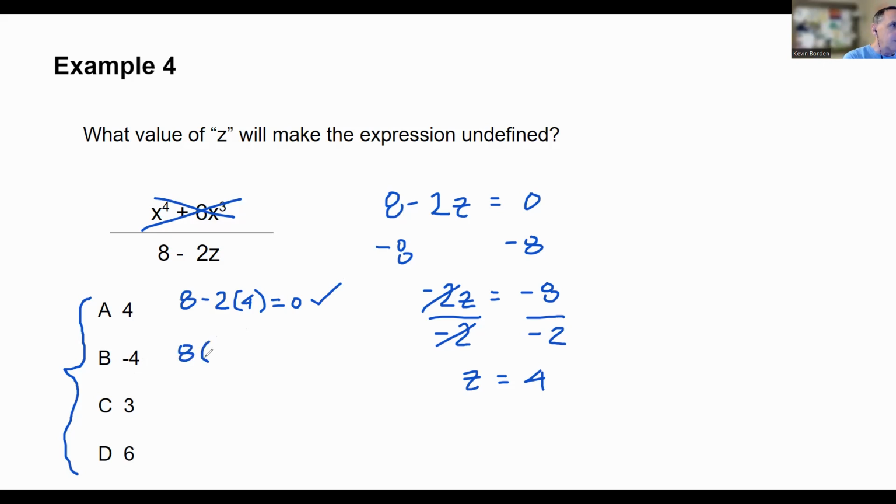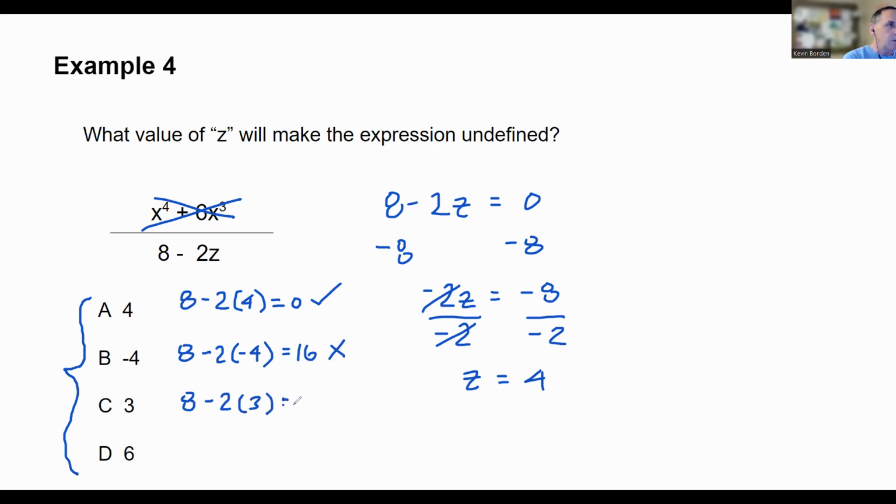So this is another avenue that you have to test these answers and figure out which one gives you the right solution. So for example, B will give you 16. That's not right. We could try C, 8 minus 2 times 3.